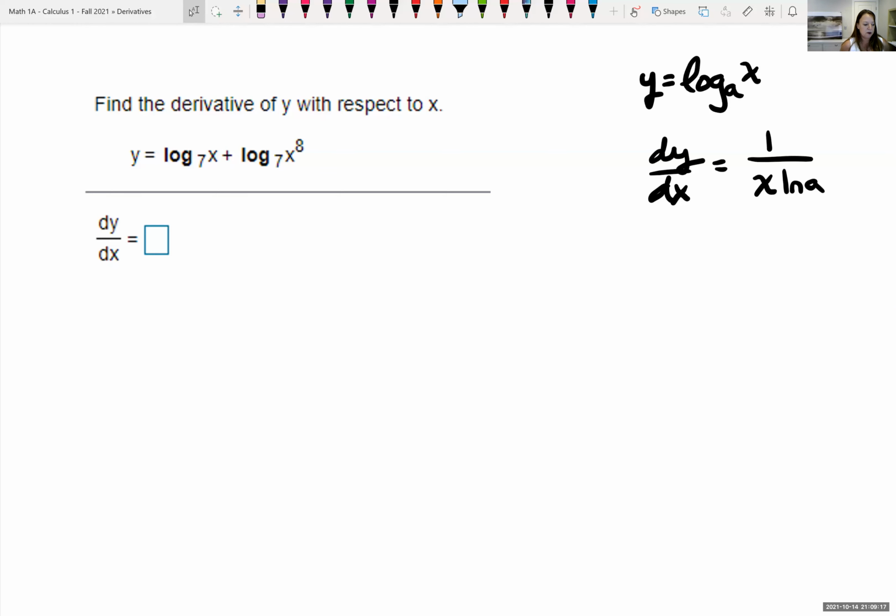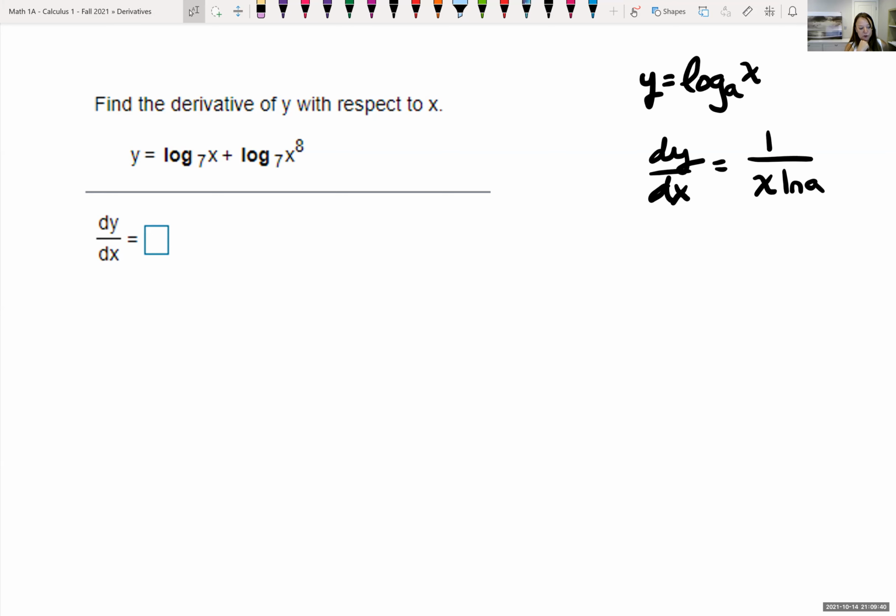Okay, so for the following problem, it's asking us to find the derivative with respect to x, and we have the equation y equals log base 7 of x plus log base 7 of x raised to the 8th power. If I went in and did straight differentiation without rewriting this, when I took the derivative of the second piece, I'd have to use the chain rule.